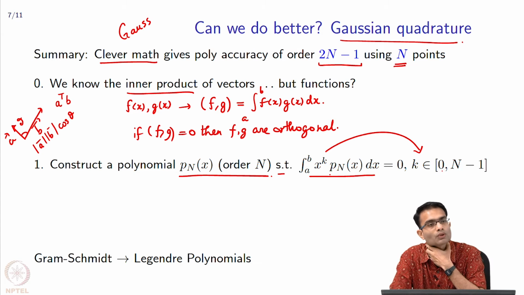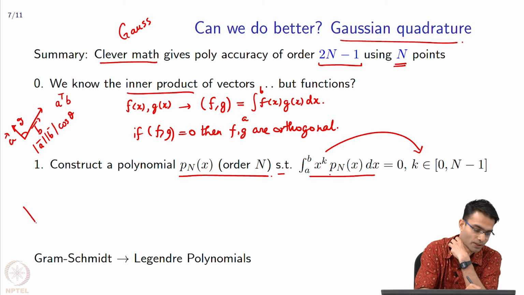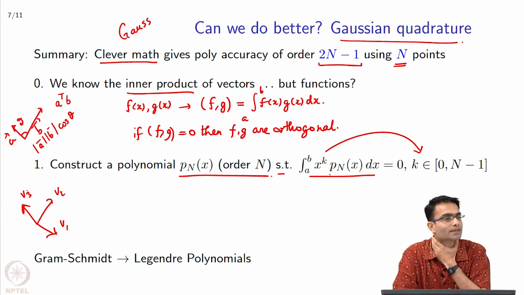We can again go back to how we had done this process with vectors. In vectors, supposing I gave you a bunch of vectors like this, let us say in 3D space v1, v2, v3. Let us say these three vectors are in 3-dimensional space, and I said that given these three vectors, can you construct a set of 3 vectors which are all orthogonal to each other?